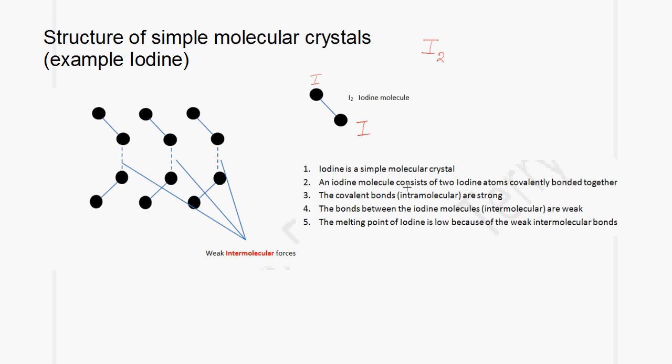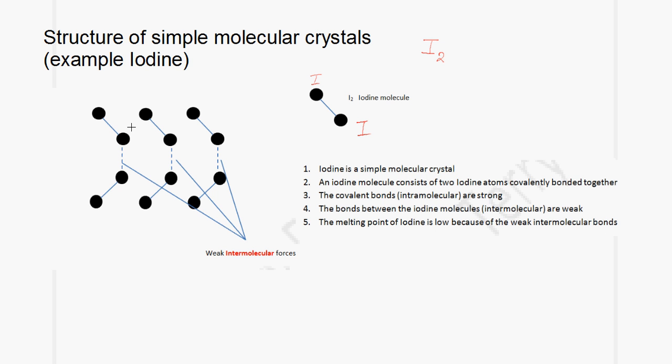An iodine molecule consists of 2 iodine atoms covalently bonded together. The covalent bonds, or what we call the intramolecular bonds, are strong. The bonds between the iodine molecules, or the intermolecular bonds, are weak. And the melting point of iodine is low because of the weak intermolecular forces.